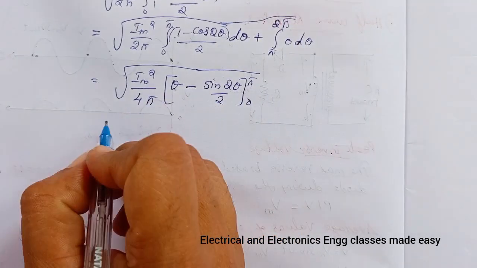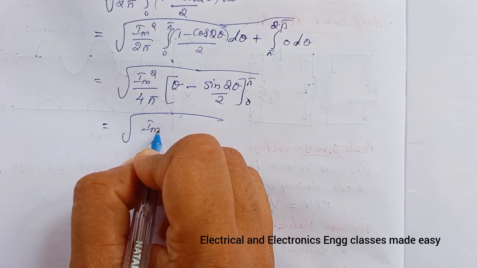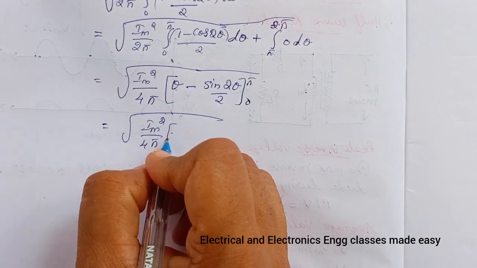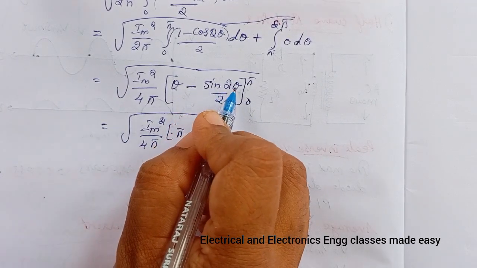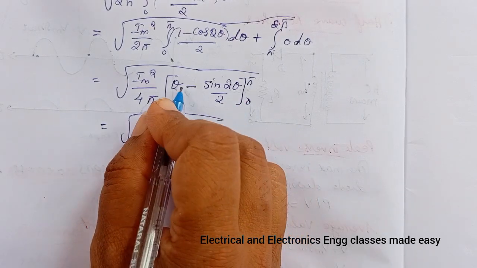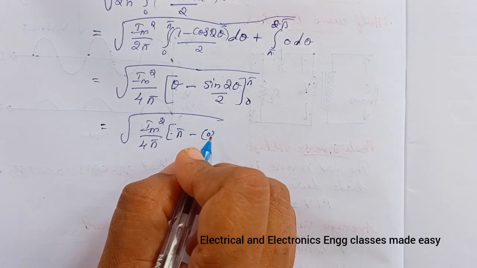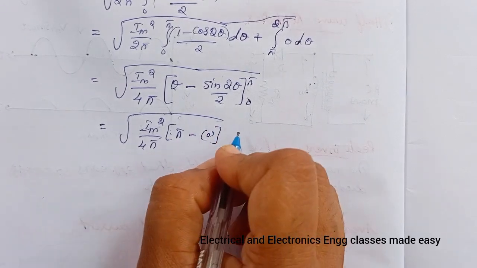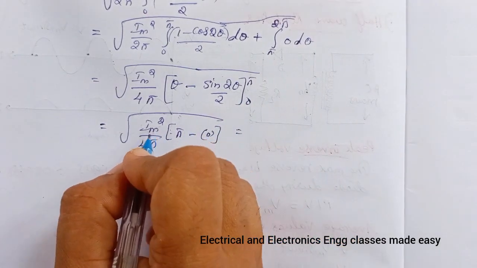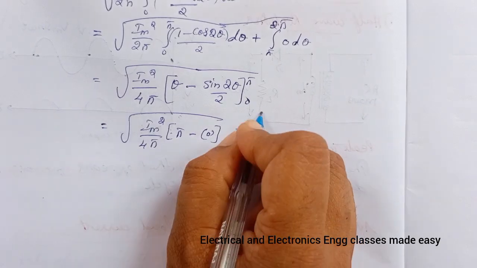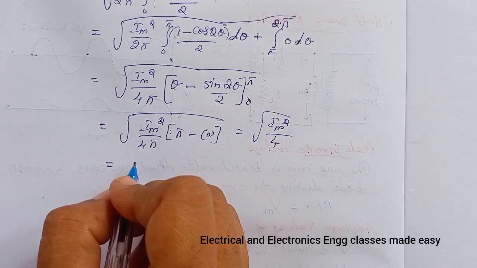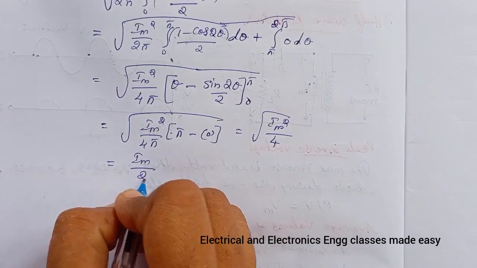Now we can apply the limit, that is square root of Im square divided by 4 pi into, applying the upper limit, pi minus sin 2 pi is 0, then minus applying the lower limit 0, so we will get 0. And that is equal to, this pi we can cancel, so square root of Im square divided by 4, so we will get Im divided by 2.